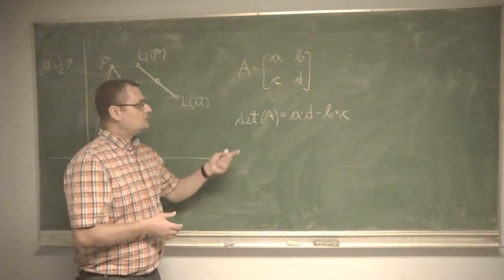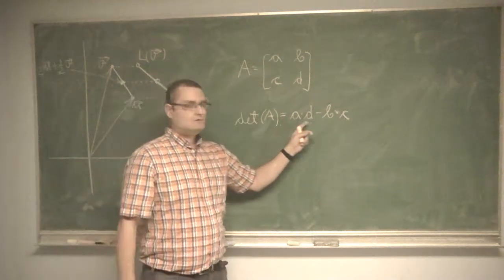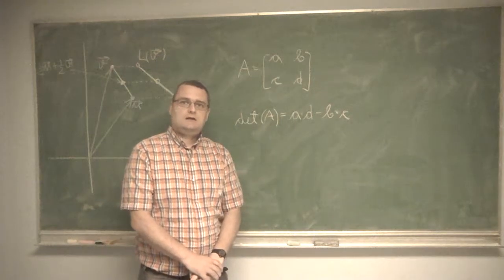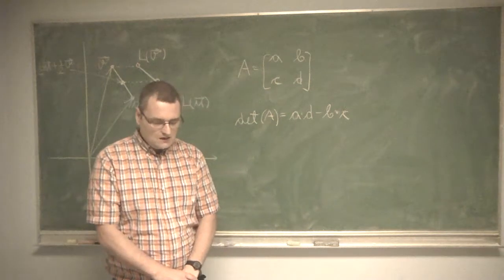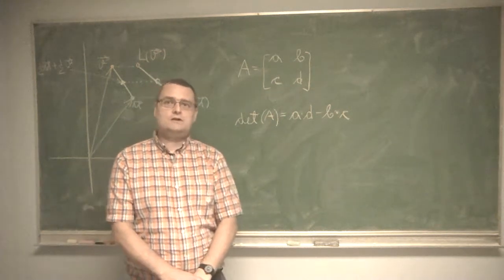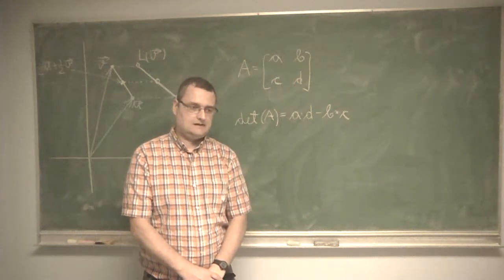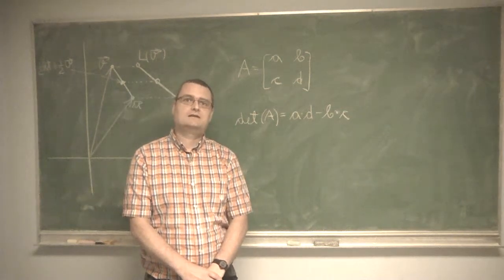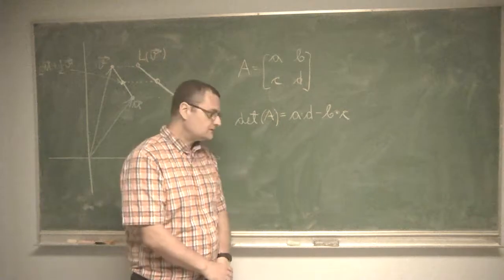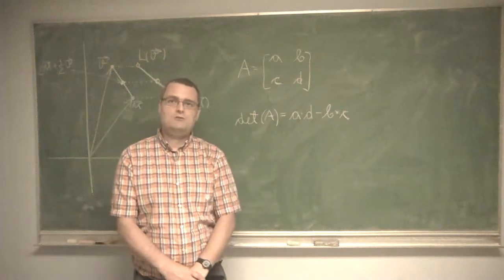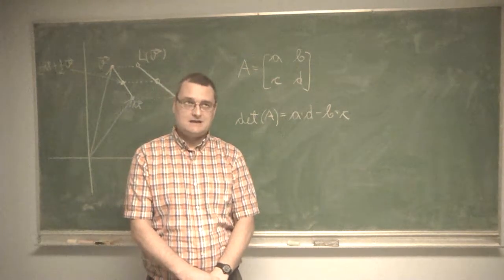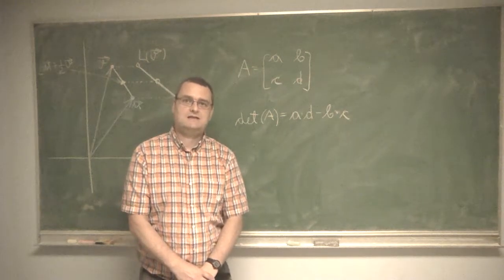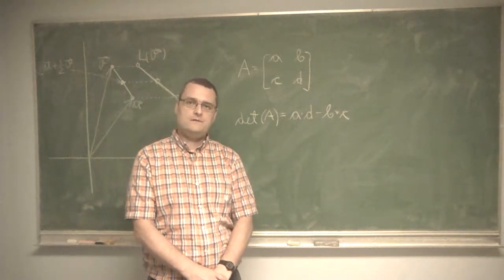In order to talk about determinants and what their geometric meaning is, I will need to discuss linear transformations, and most of the time in this video I will spend discussing linear transformations, and that's chapter 4.